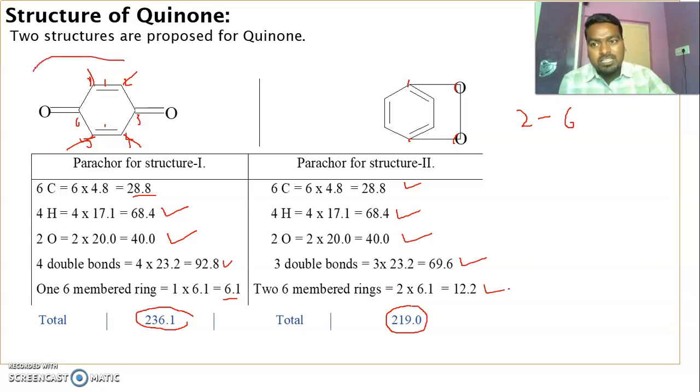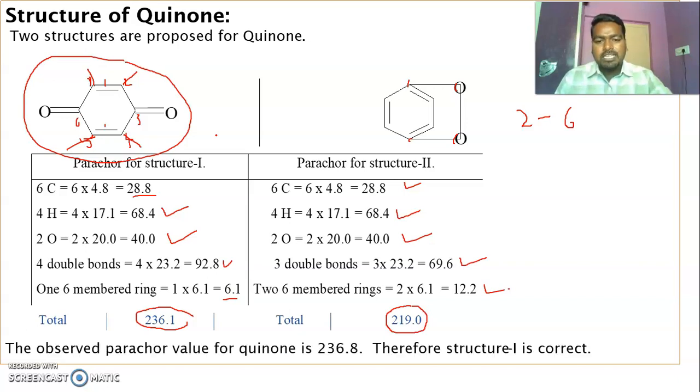But this is the actual structure of quinone. So theoretically they predicted that there are 2 structures. But with the help of the Parachor value, the experimentally determined Parachor value is 236.8. So this value is in agreement with the first structure. That's why this is the structure of quinone.